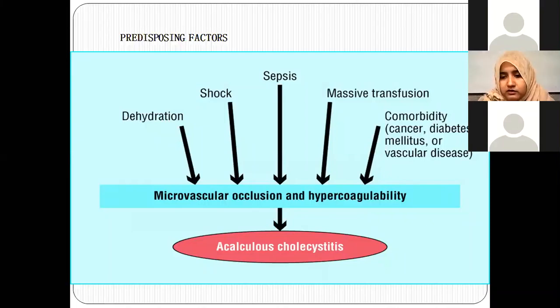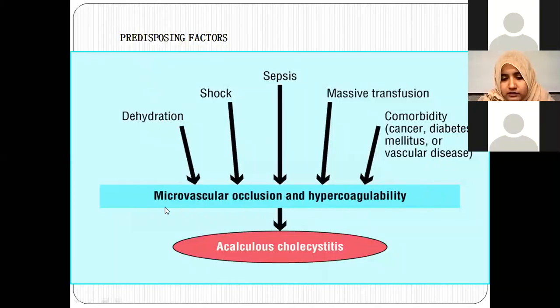So you usually see these in severe dehydration, shock, sepsis, massive transfusion, and other comorbidities like diabetes, vascular injuries and cancer. What's the basic phenomenon they follow? All these situations affect microvascular occlusion and coagulation.